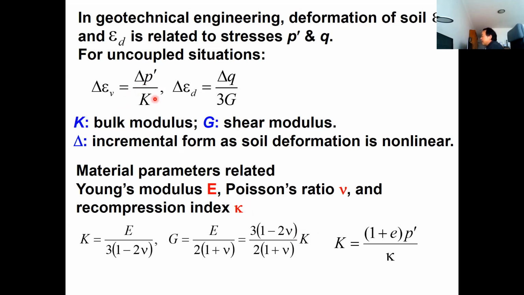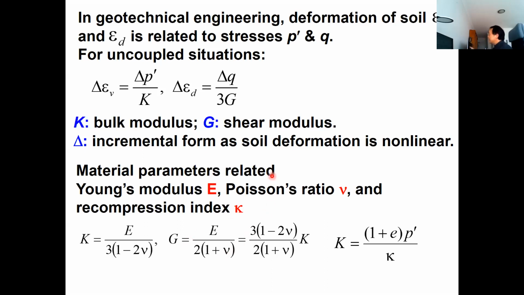Now, bulk modulus K and shear modulus G are linked with Young's modulus E and Poisson's ratio mu by this formula. When you see this formula, you can see that we have 5 parameters: K, G, E, mu and kappa. The 5 parameters are linked by 3 equations.